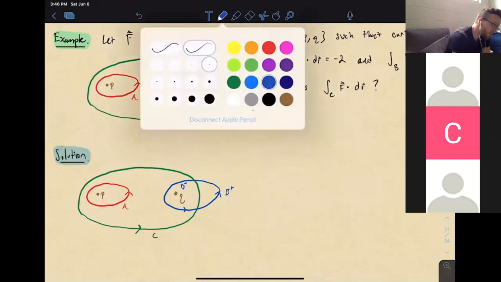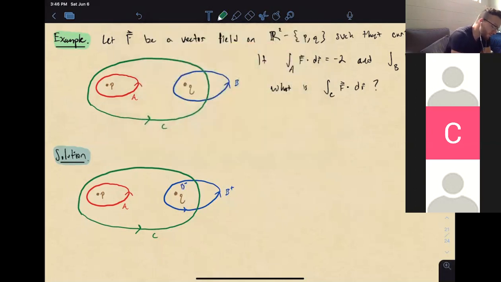And then I'll chop C up into a couple pieces too. So C plus can be this chunk here between the blue things. And then C minus will be this stuff out here.